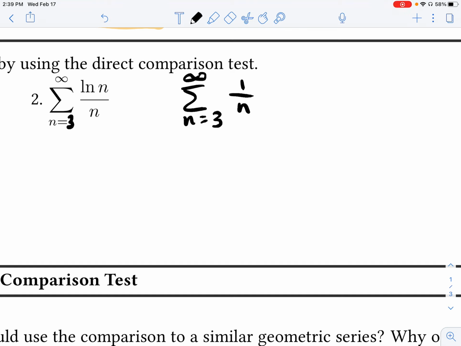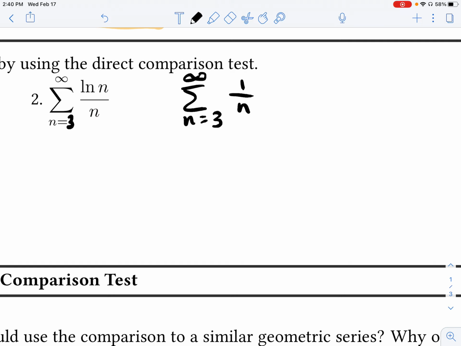And this is a great series to compare it to because our denominators are the same, but look at our numerators. 1, in our smaller series, is constant, whereas our quote unquote larger series is going to continue to grow without bounds. So what do we know about this series here?